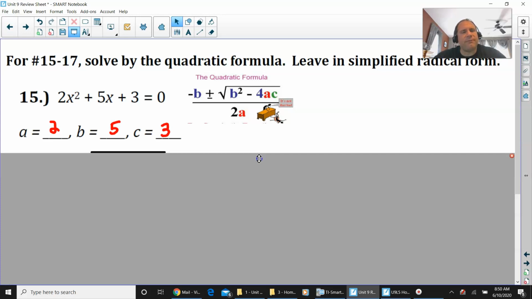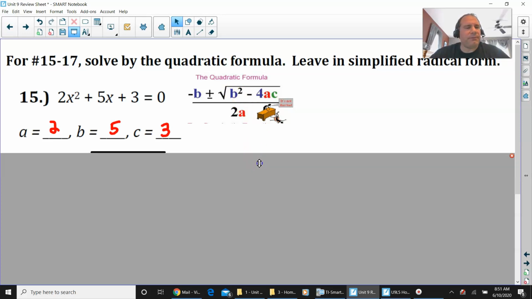The quadratic formula, just remember, you have to memorize this, which is negative B plus or minus the square root of B squared minus 4AC, over 2A.